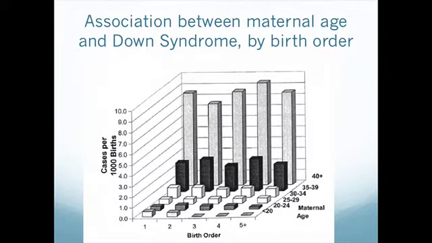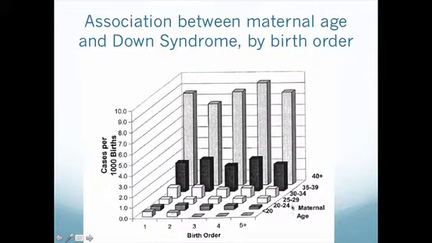Okay, so what we can do to solve this problem is separate out the exposure of birth order from the exposure of maternal age. This figure is sort of 3D, has 3 axes, so I'll walk you through it.